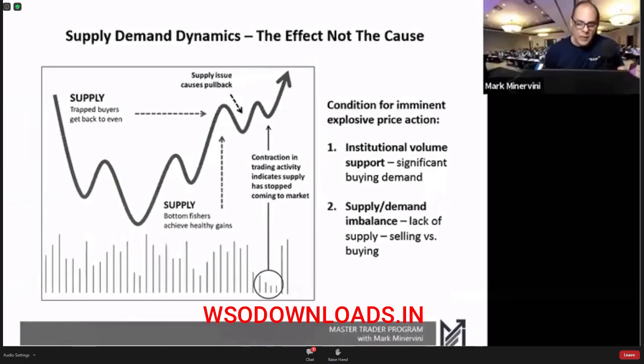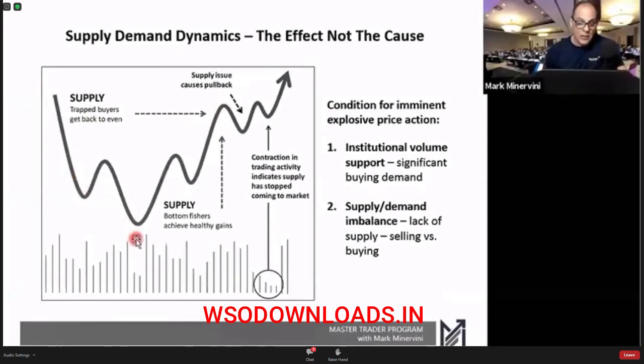So here's what you need to understand. First of all, when you go through a decline in a stock and then you rally back up, basically you have some people that have bought around the highs. And the sharper and quicker it moves down that left side, the more likely those people are trapped in the stock with losses.